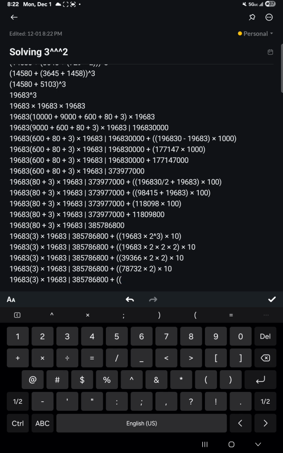Let's go ahead and do this last multiple too. So 32 times 2 is 64, and 87 times 2 is 174. Carry the 1, and 77 times 2 is 14. Add the 1, get 15.